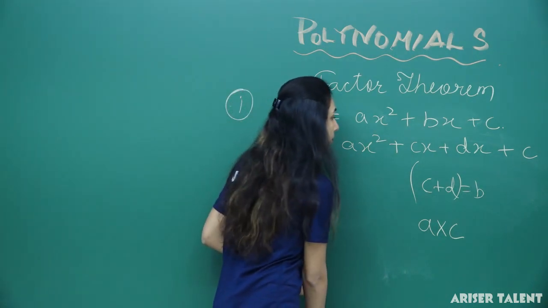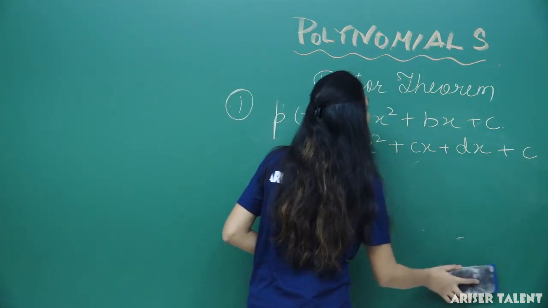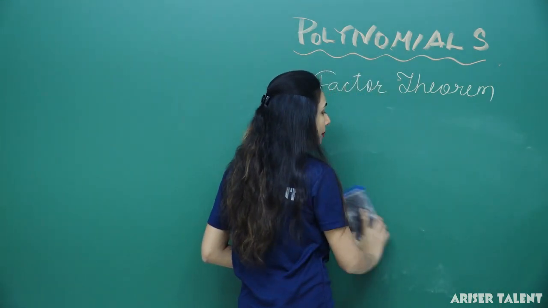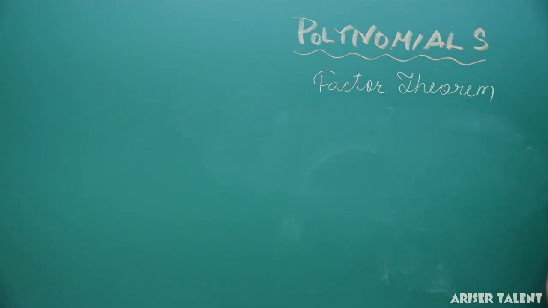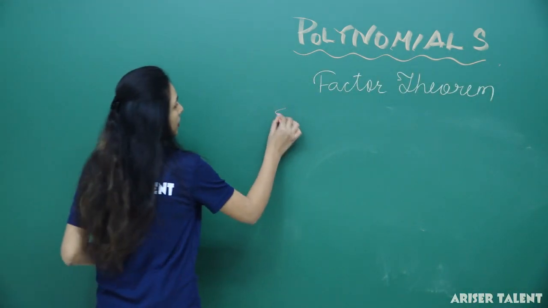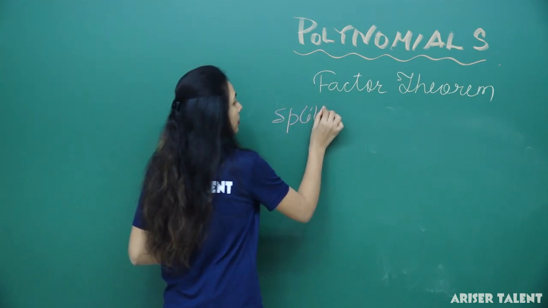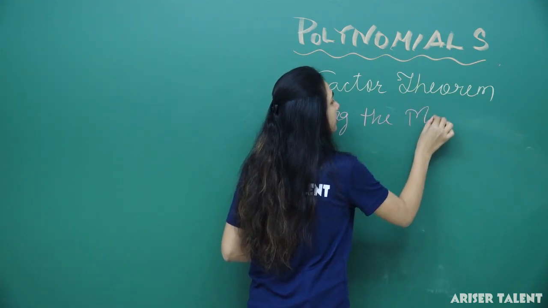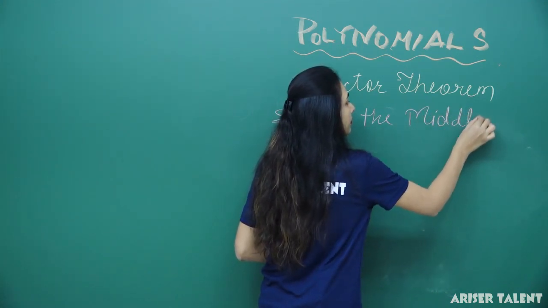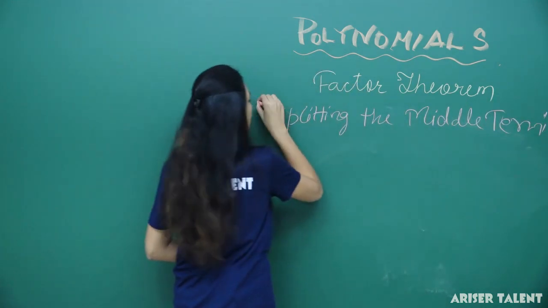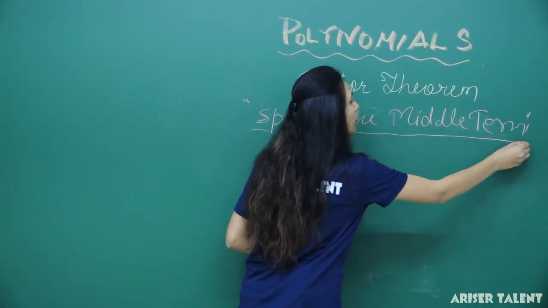Now, these are two methods and we are going to use them one by one. Now, we are having this method, splitting the middle term. This is the method we are having as the second approach.